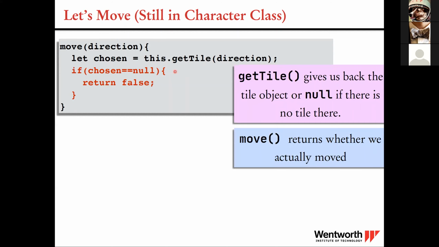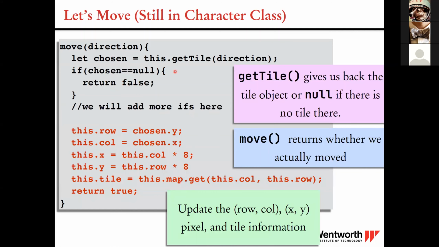Move is going to return whether we actually moved or not. That's why I have the return false here. We're going to use this to help us keep a turn-based movement system. So if we move, then the enemies can move. We're going to return false in this situation if there is no tile in the map in the location you're trying to move to. The rest of it is just updating the row and the column, the X and Y pixel position, and we'll update the tile as well.